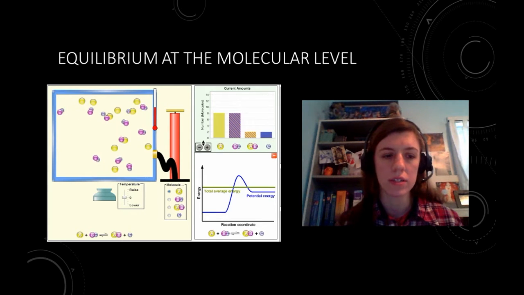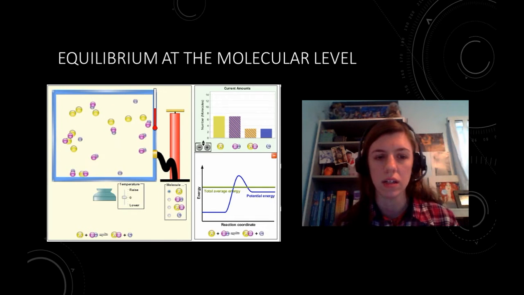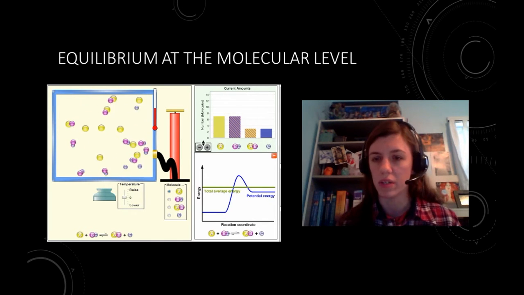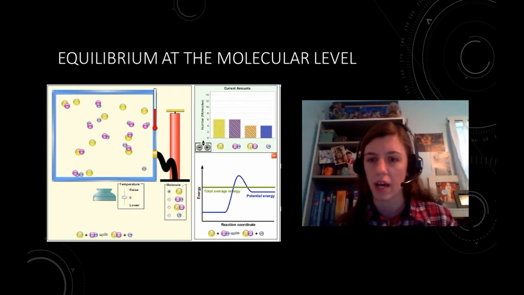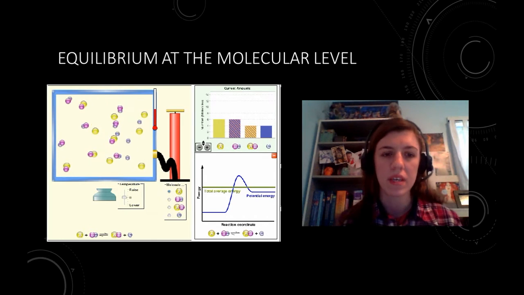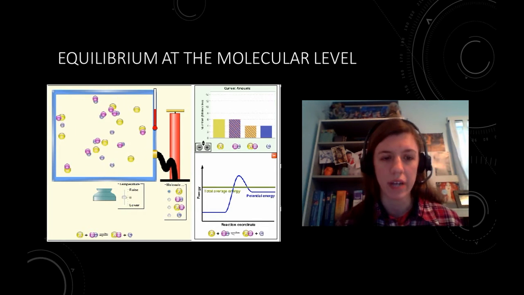Then once we start the reaction and everything starts moving and colliding, which, as we know, is necessary because molecules have to collide in order for a reaction to happen.